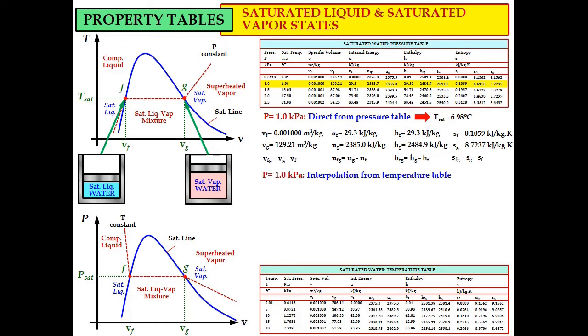However, if you decide to get the same data but now by using the temperature table, you cannot obtain the data directly from the table. You need to make an interpolation in order to obtain the data.